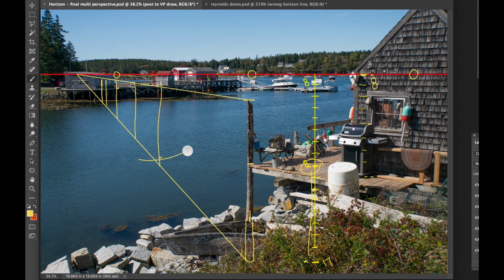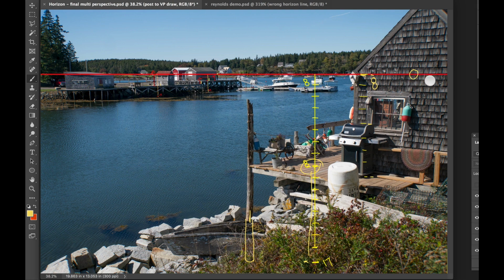I now know that I can set a boat in here however I need to and have it in perspective. So I hope that helps. The main key on all this was to get you guys to see how to find that horizon line, which will fall level like you see on these shingles. That's your eye level. And we can use elements in architecture to find that actual element.